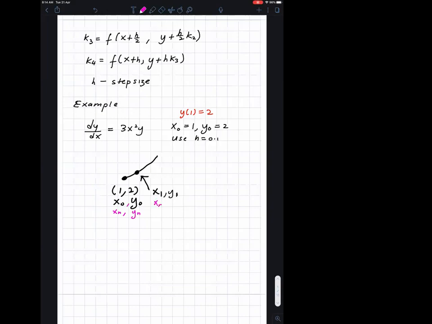Here is going to be x n plus 1, y n plus 1, the next point.